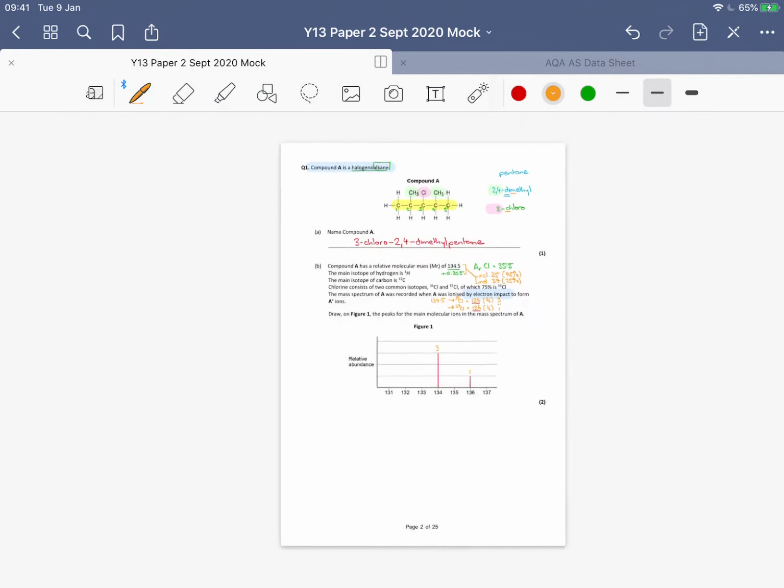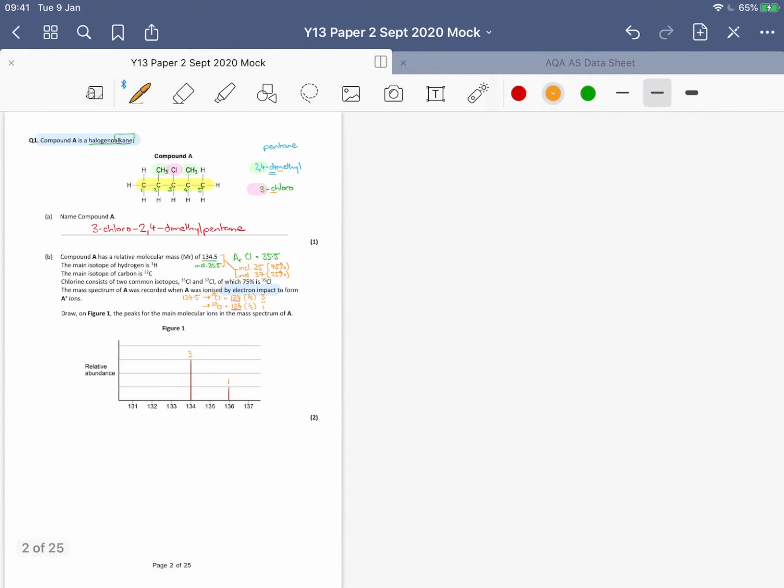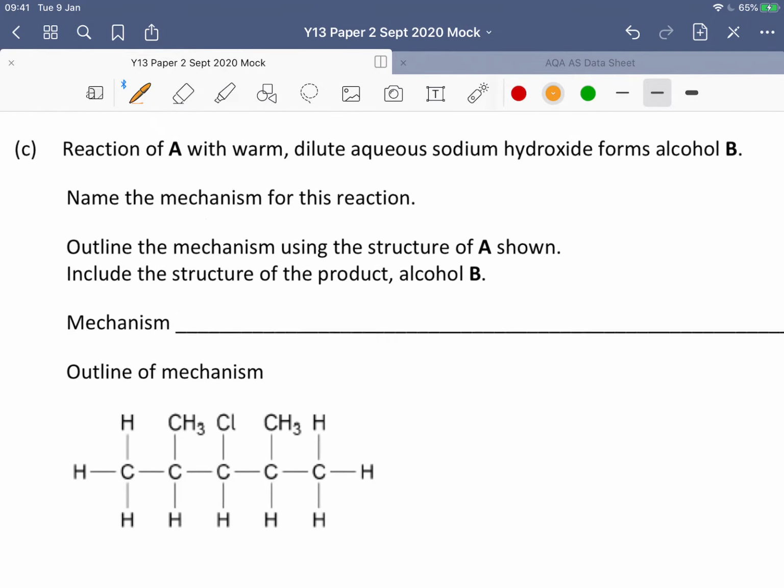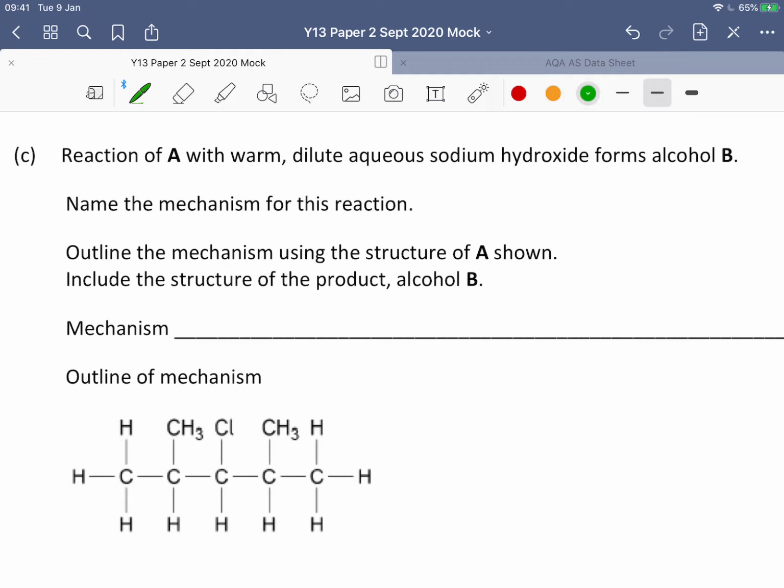Okay, let's move on to part C. So the reaction of A, and we have to remember that A is a halogenoalkane.